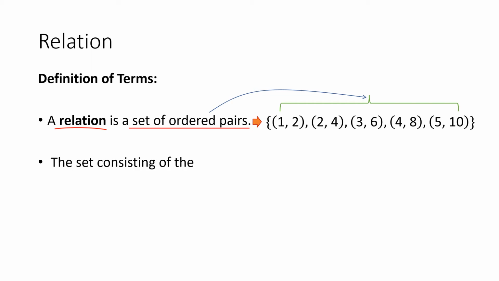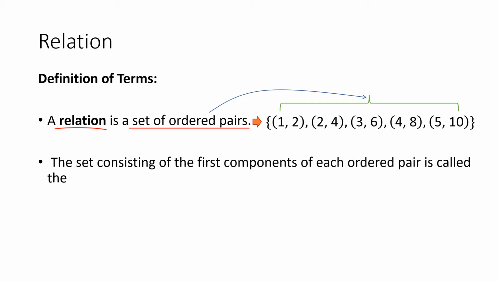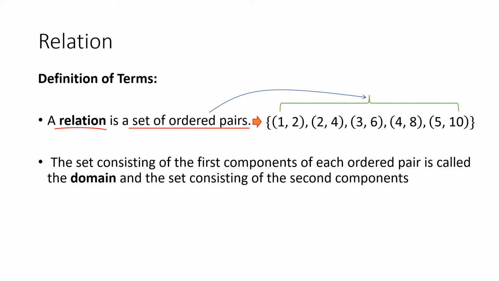So the set consisting of the first components of each ordered pair is called the domain, and the set consisting of the second components of each ordered pair is called the range. Take note, set consisting of the first components.